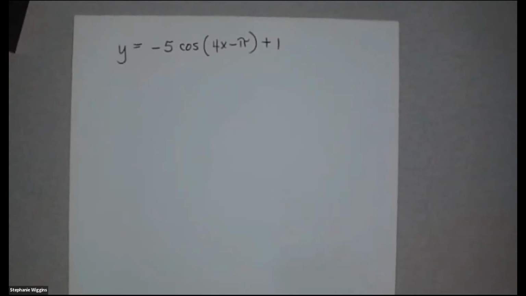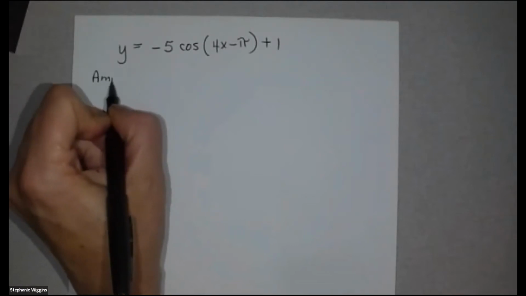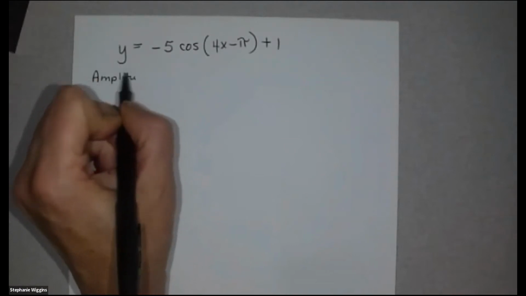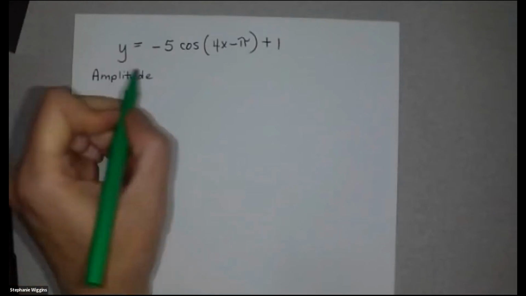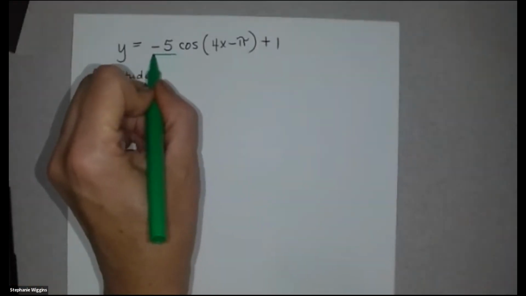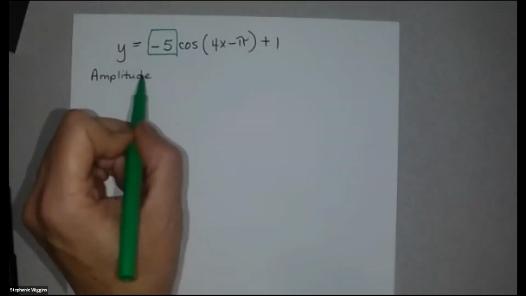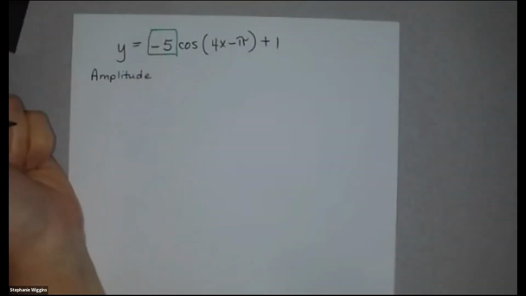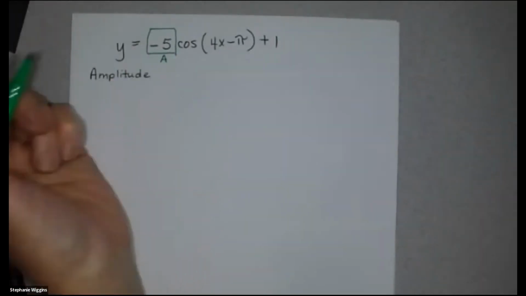So we need to describe what's going on here for this graph. I think I'd like to use some different colors here to highlight this. So the amplitude is minus, well, actually, this is our A value, okay?